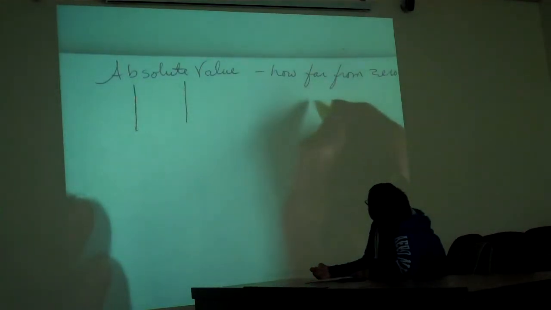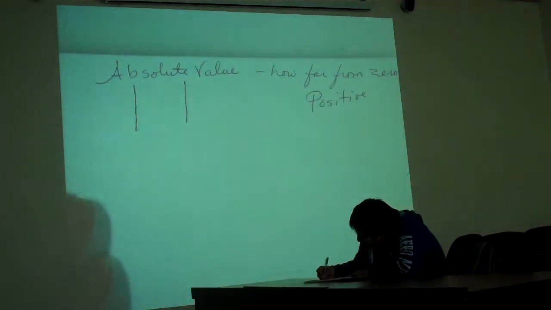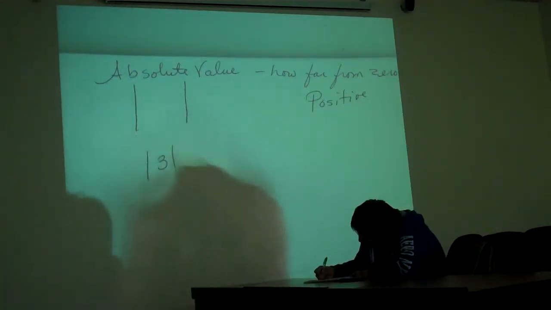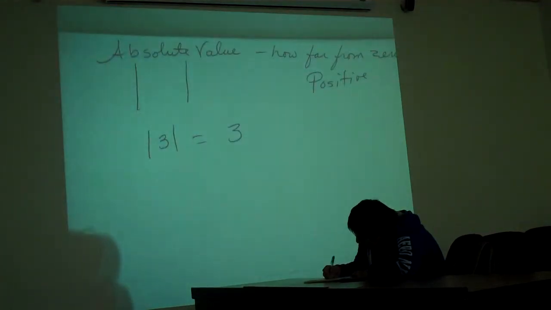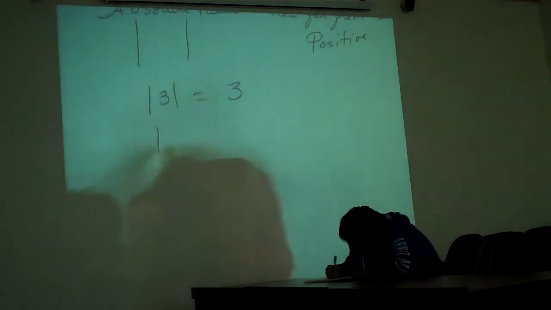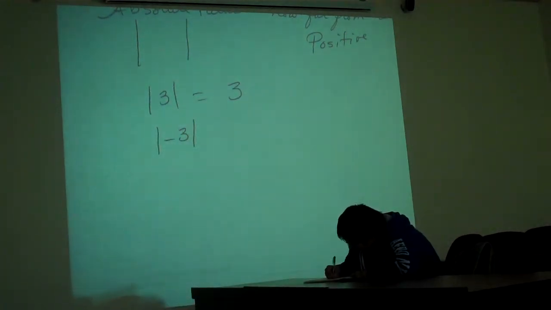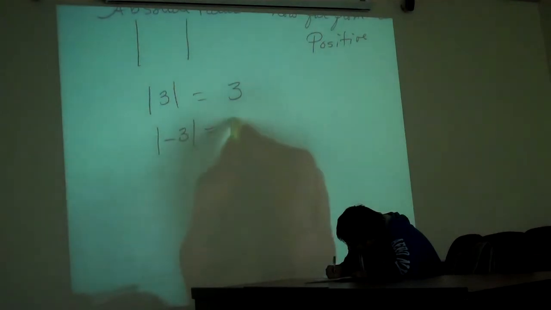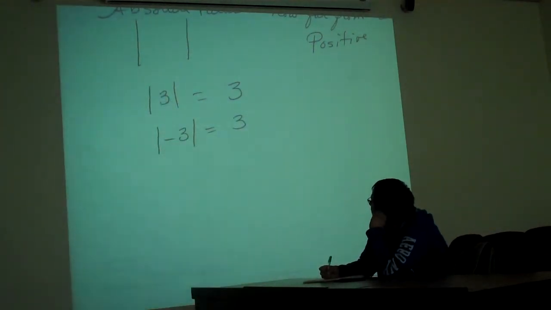Or just say it's positive. If you have absolute value of 3, it's 3 from 0, right? Absolute value of negative 3, that's also 3 from 0. So see, it's just the positive of whatever's in here.